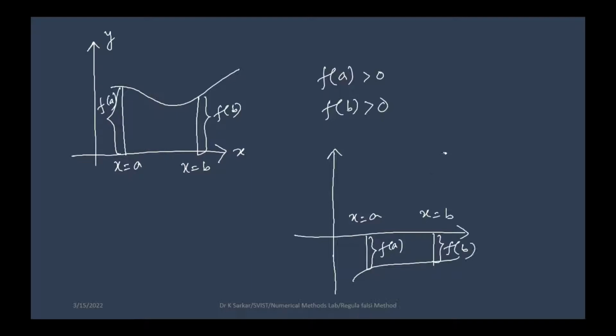In this case, f(a) is less than 0, f(b) is also less than 0. They are of same sign, so there does not exist any root in between a and b.